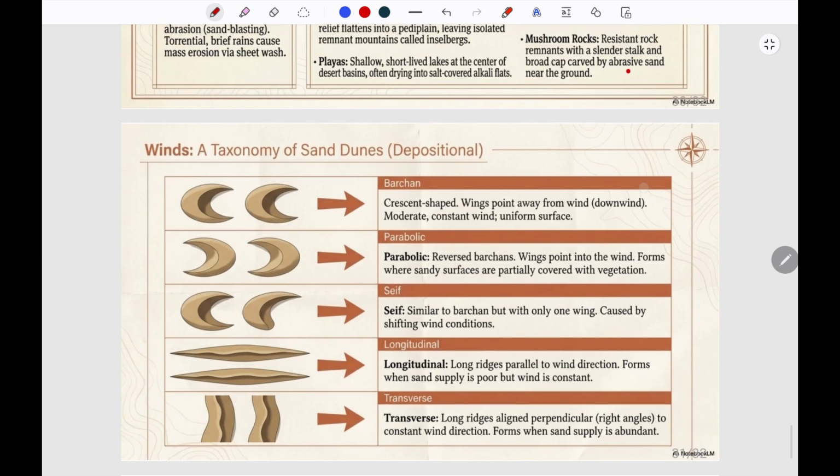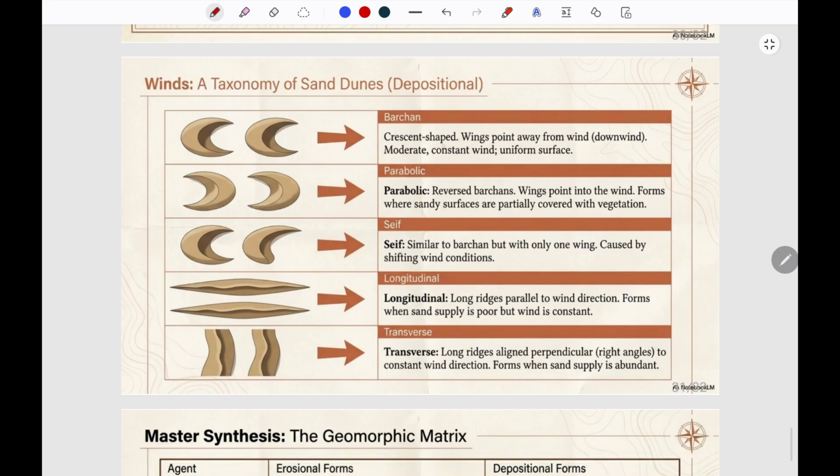Now moving on to the depositional features. Barchans, these are crescent-shaped structures in which the wings, these are the wings, are facing away from the wind. Like the wind is moving in this direction and they are facing away. And parabolic dunes are the opposite of them.